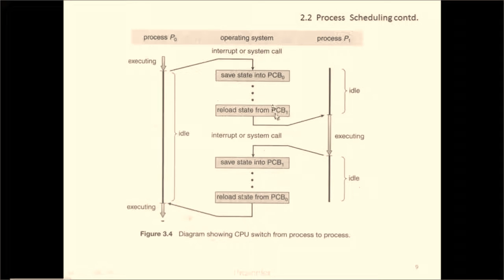Similarly, it has already saved the state and all information about P1 in PCB1. So now it reloads that information for process 1 from the PCB onto the CPU, and then execution of process 1 begins. Now for this time period, P1 is in the running or executing state.